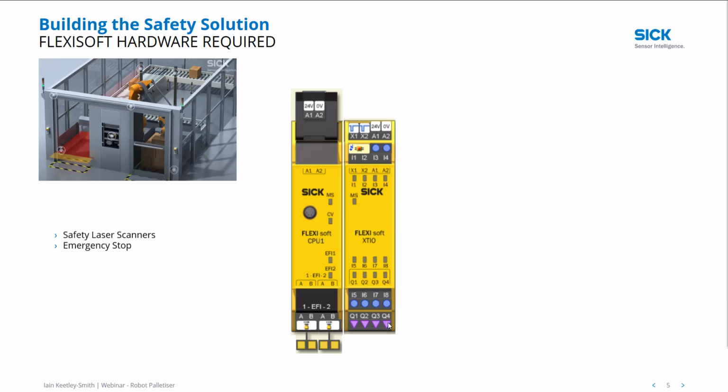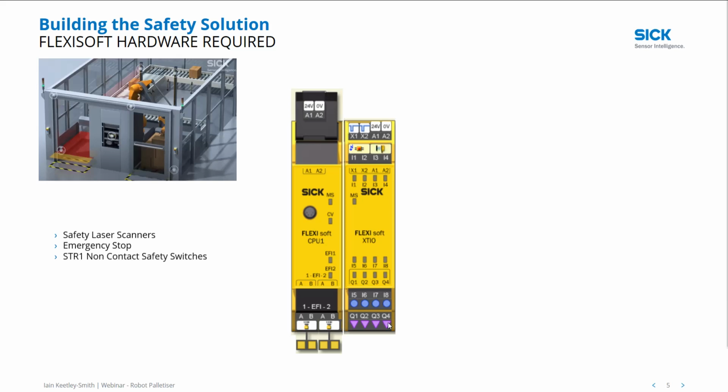So it's actively checking your wiring for shorts to 24 volts, shorts to ground, and shorts between the channels as well. I always recommend using test pulses if you've got a volt-free contact on your input. You'll see later on in the report generated from the Flexisoft that it will show you how to physically connect those together. So that's the emergency stop.